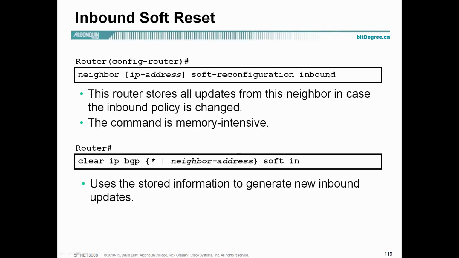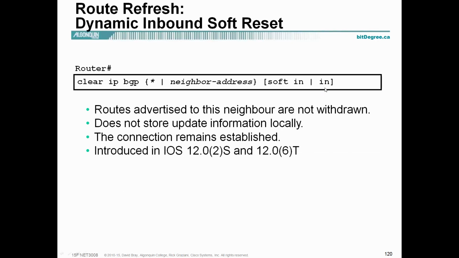However, if you haven't done this previously in the config-router context, then you won't be able to do this. The route refresh, without having it stored in memory, is supported by later versions of IOS, and in this particular case the routes are re-advertised without having to be reprocessed from memory like we saw in the previous slide.